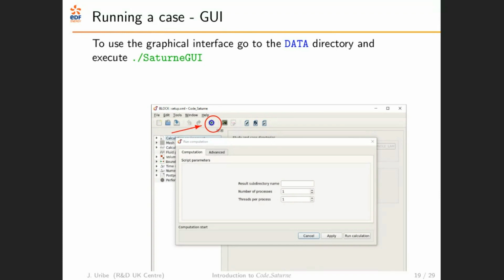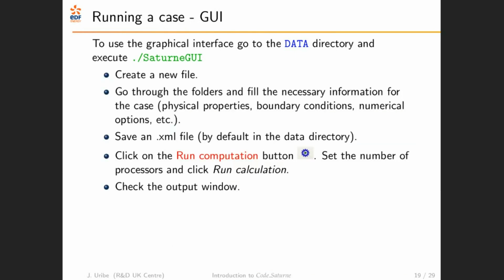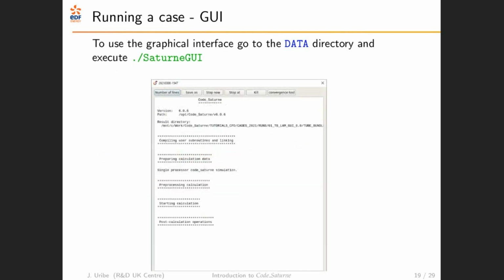So you can just click the run calculation button. And once you do that, there will be another new window that gives you some details about what's happening. It will tell you which version of the code you're using and where that version is installed in your system. And it will tell you where your results are going to be.